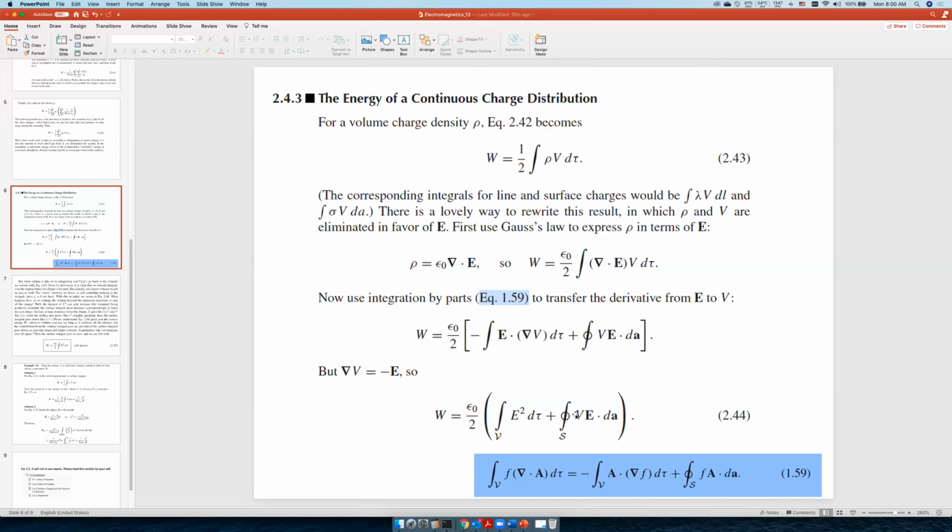However, you can extend the volume you integrate over, because outside the continuous charge distribution there is no charge. So the integral over the extended volume should be 0.